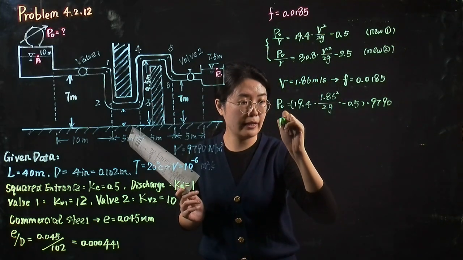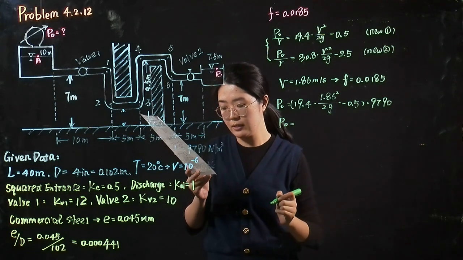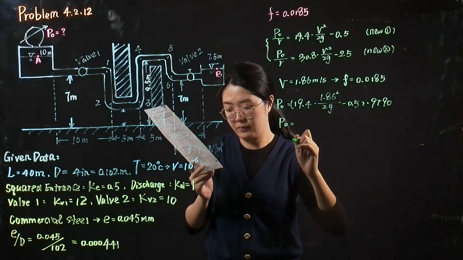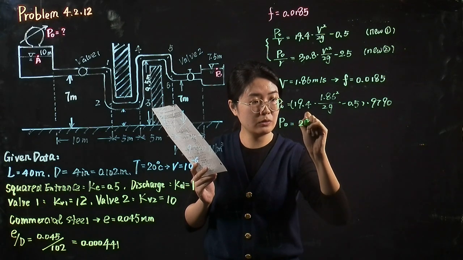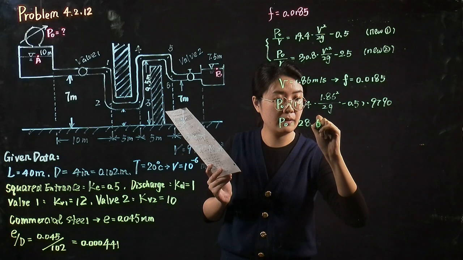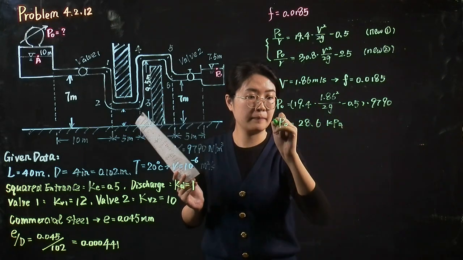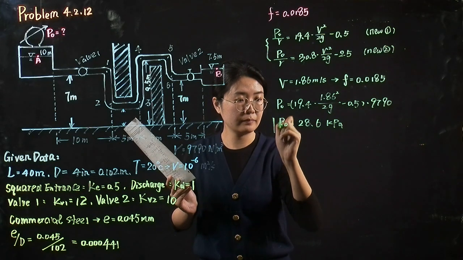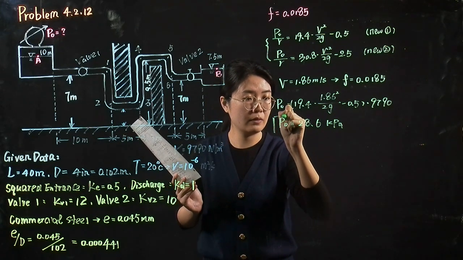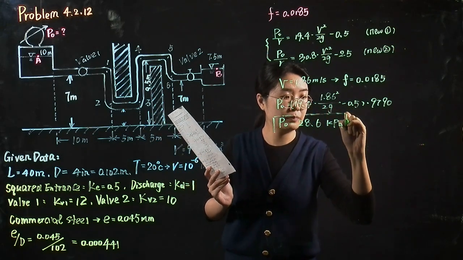So after the calculation, we get P sub 0 equals 28.6 kilopascal. So this is the result for our problem 4.